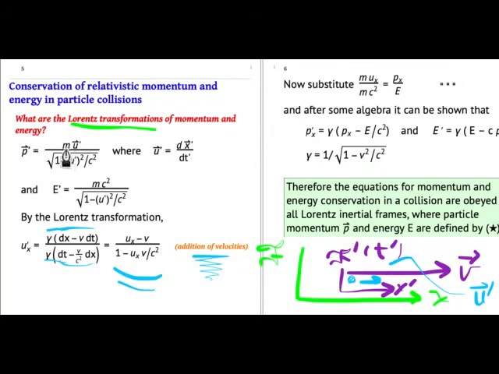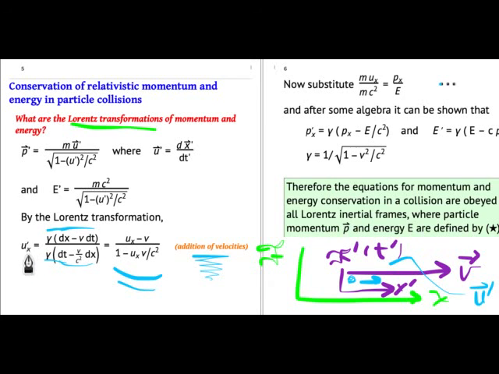But m times ux divided by E, this 1 over the square root of 1 minus u squared over c squared will cancel out. So I'll just have m ux over mc squared is px over E. All right, so in this way I can get the transformation for p prime in terms of p.